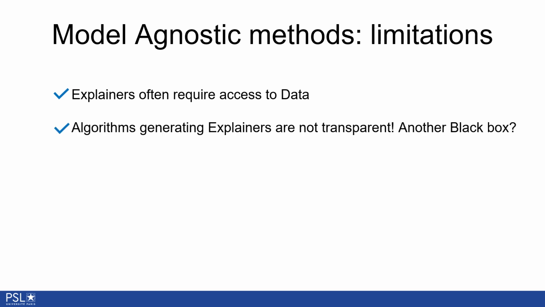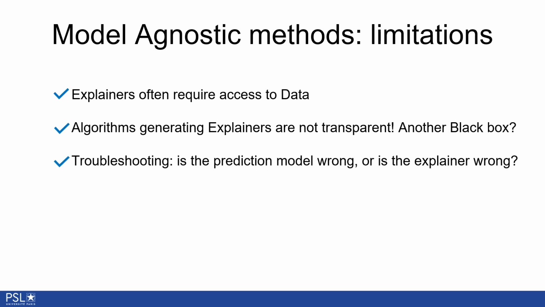A second limitation is that for many of the model-agnostic methods, the algorithms that build explainers are not necessarily transparent and rely on some specific choices of hyperparameters. So sometimes adding an explainer might be similar to adding a second black box on top of the original black box prediction model.